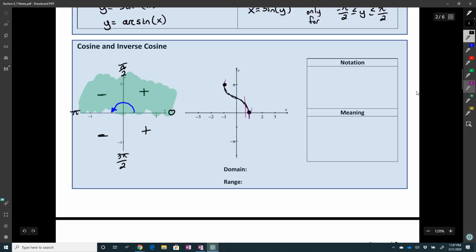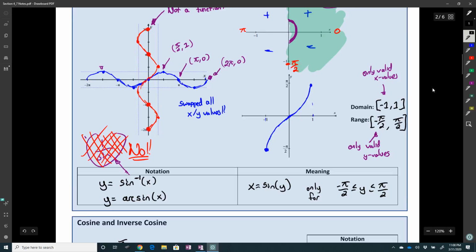So the domain for the inverse of cosine is still negative 1 to 1, but the range is 0 to pi. Or if you're dealing with degrees, you can say 0 to 180 degrees. Same thing up here, if you're dealing with degrees, you can say negative 90 to 90 degrees. It's the same thing.